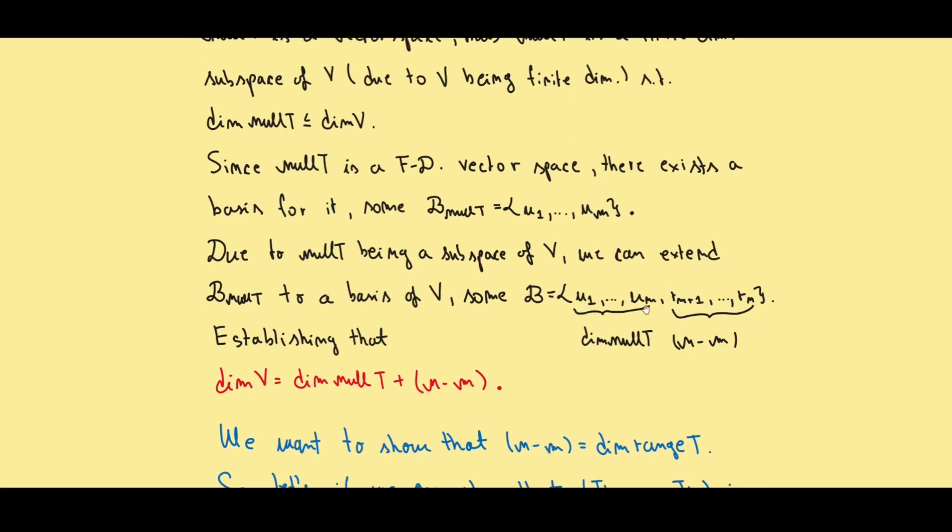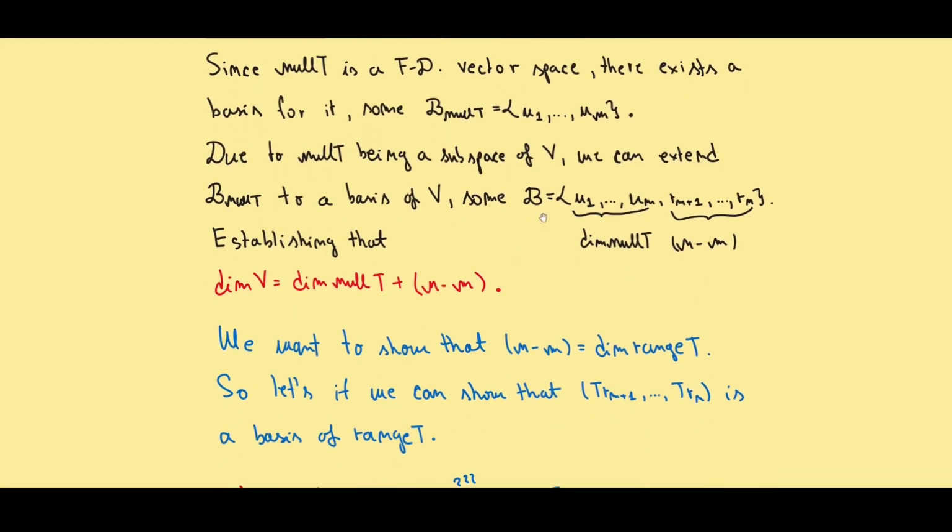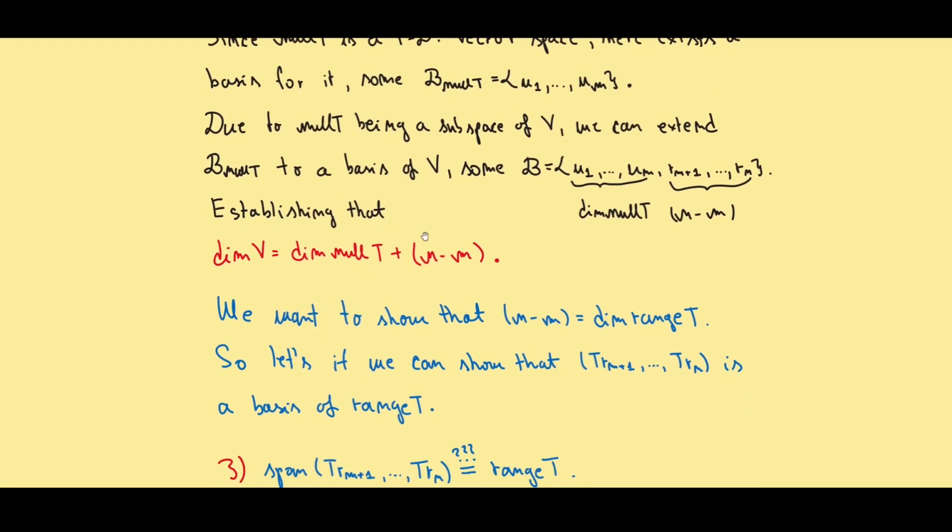So we have m of these, and this is the dimension of null T, and here we have n minus m vectors. So this whole story establishes the following. The dimension of V, so the number of elements here, is equal to these over here, which are the dimension of null T, plus n minus m of these.